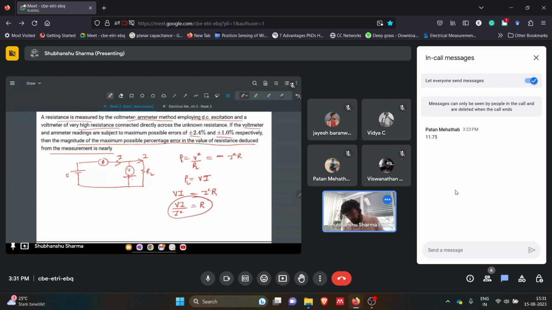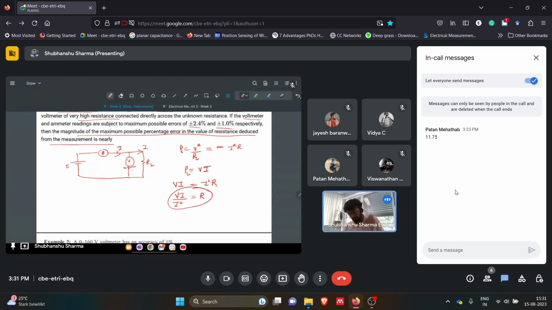If we have to deduce like this, we cannot cancel like this, because we are calculating the maximum possible error. Theoretically we can cancel, but practically the errors will get added up. So for the voltmeter reading we had 2.4%, plus now all things will add up: 1 plus 2 times 1.